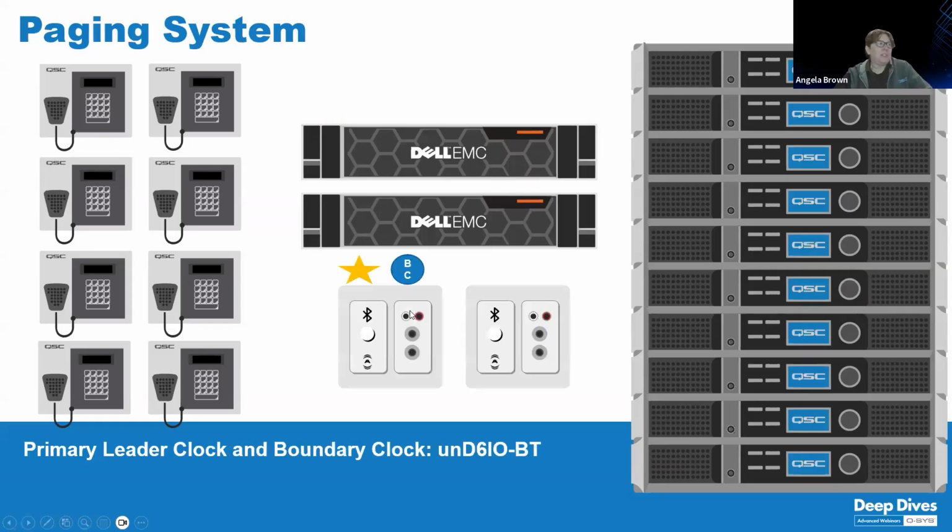Now let's take our paging system and assume we're going to add some stuff to it. Again, I'm going to use the same little Bluetooth plate. Say, we're in a casino and they add a Bluetooth plate to the little store that's selling chips and stuff by the front desk. And all of a sudden, adding that, it will win the clock election.